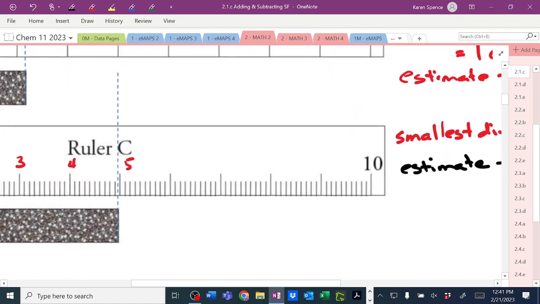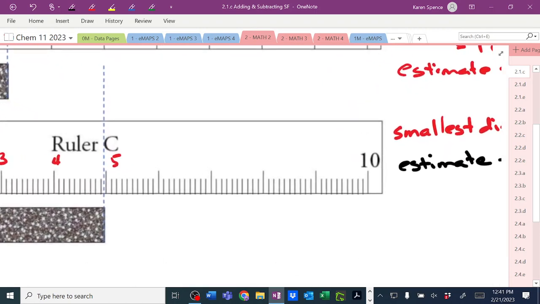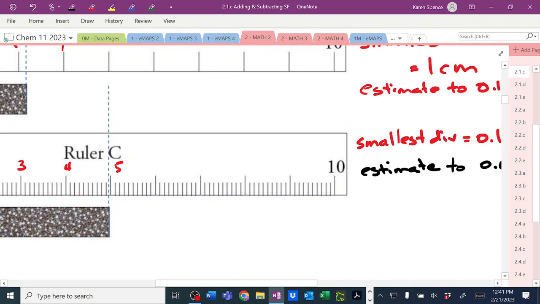So let's take a look up close. This looks to be about 4.95, 4.96, somewhere in there. Yeah, somewhere in between 4.9 and 5.0.